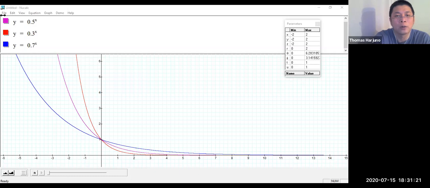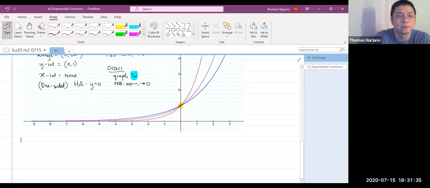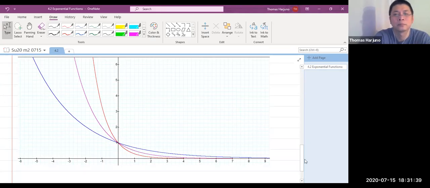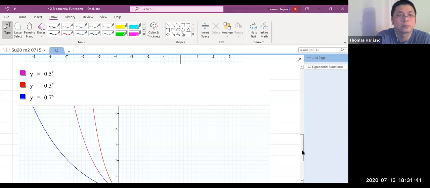You see from this graph that as long as the base is between 0 and 1, the graph will be decreasing. The blue one is 0.7 to the x.